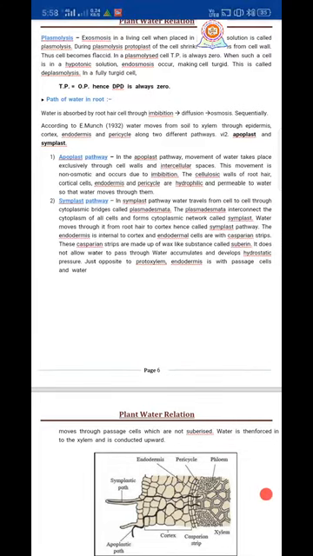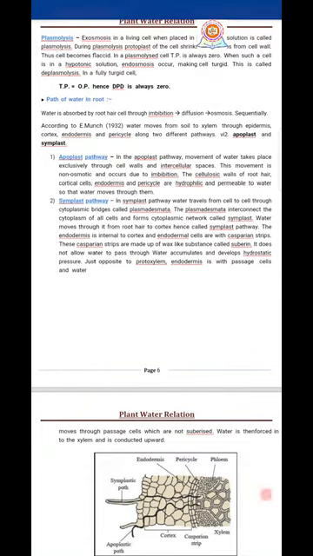The endodermis is internal to the cortex and endodermal cells have Casparian strips. These Casparian strips are made up of a wax-like substance called suberin. It does not allow water to pass through it.